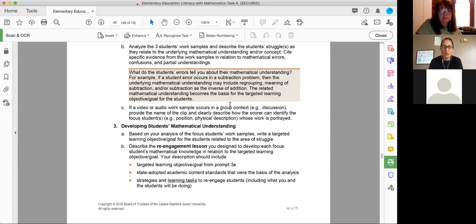So you're going to think through how the students were misunderstanding, right? So with the student with special needs, there might be a specific way you're going to describe that based on their work, right? And as it says here, cite specific evidence from the work samples. So that means you specifically say, in student 1's work, we see that this is how the student did the work, and this is what I can say about that.